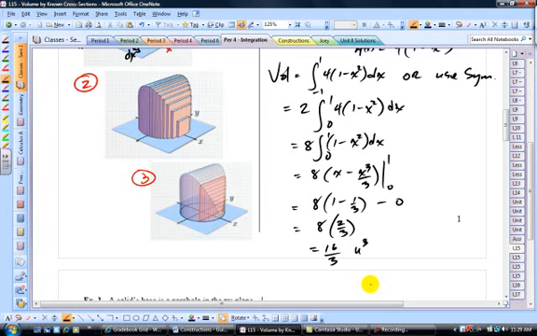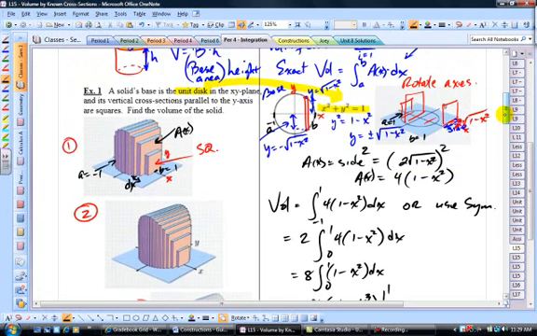Okay, so let's just review what we did. Let's go back up a little bit. What we want to do in each problem is we want to figure out what shape we're using. In this case, our cross sections are squares. Right here, they're squares. And that means that we need to figure out how to find the area of a square. That was pretty simple. It's side squared. All right.